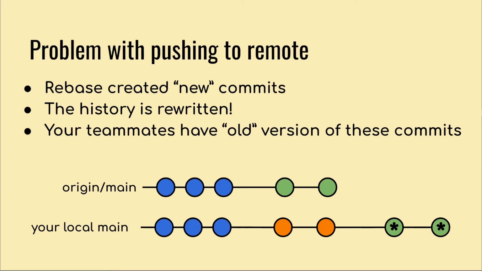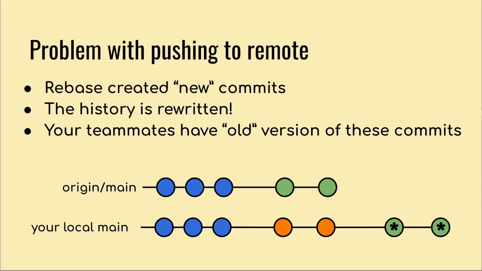And the problem is that rebase created new commits, and that means that the history is rewritten. It was okay when it was in our feature branch where we work alone, but in this case, when we executed rebase in the other direction, we have rewritten commits from the main branch, and that means that all your teammates have the old version of these commits, and you have the so-called new version of the history of the main branch.